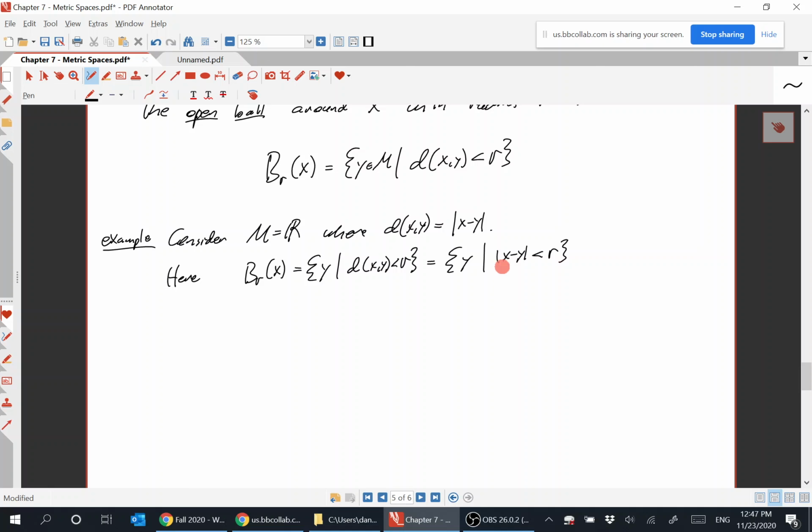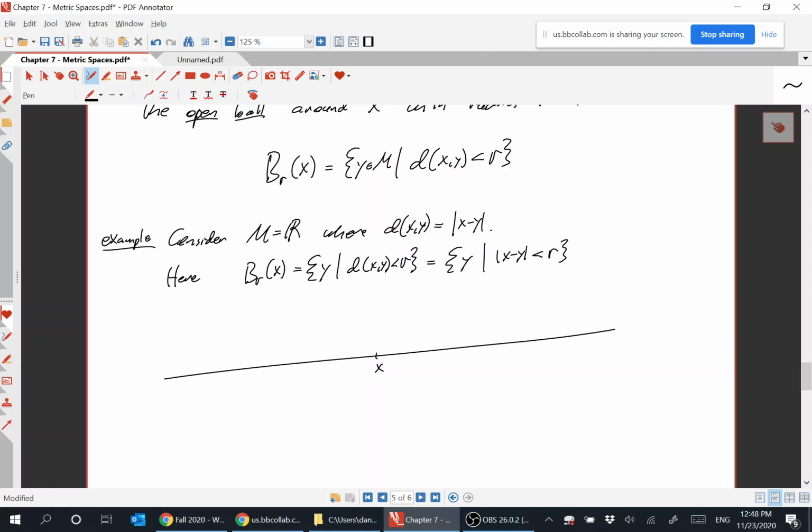What's this set here? Would it just be a set of all points between x and y? Well, within the same distance as x and y?